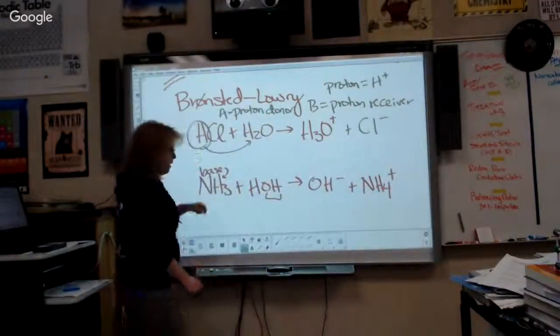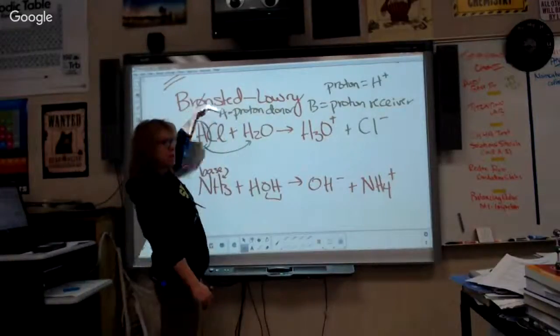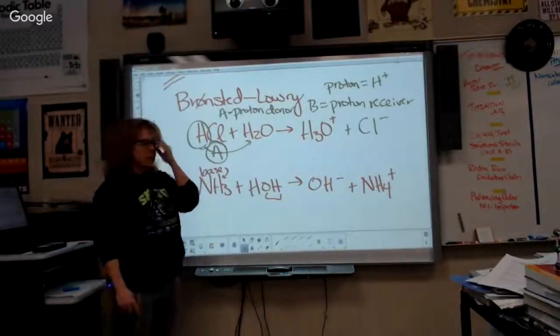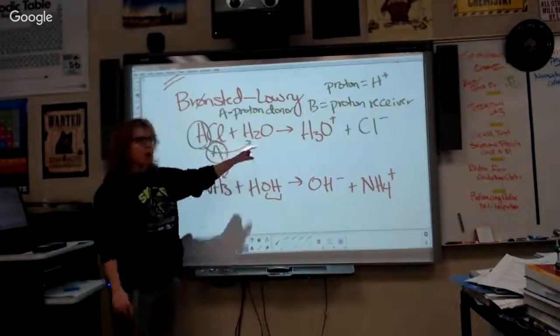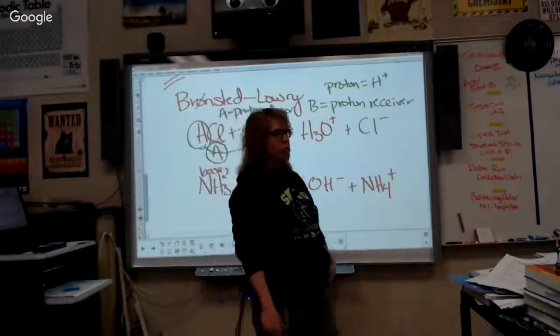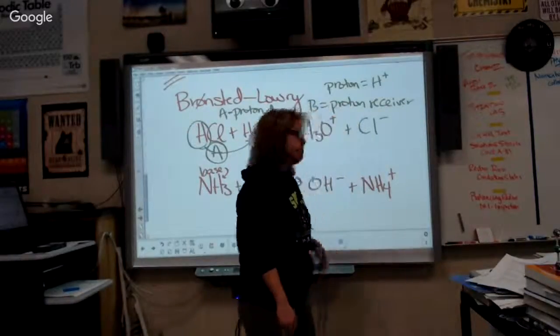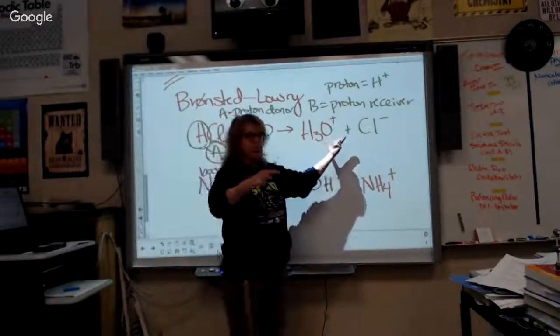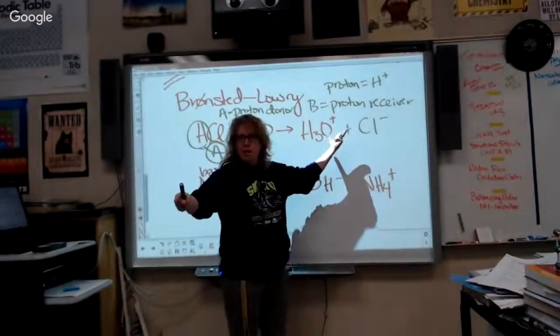This one right here, by the Bronsted-Lowry definition, is considered to be an acid. How is water acting here? Is water acting as a proton donor or a proton receiver? It starts as H2O, eventually becomes H3O, so it is a receiver of protons.